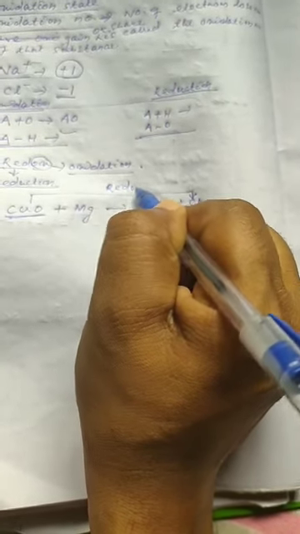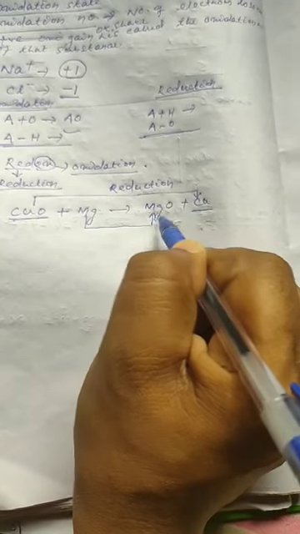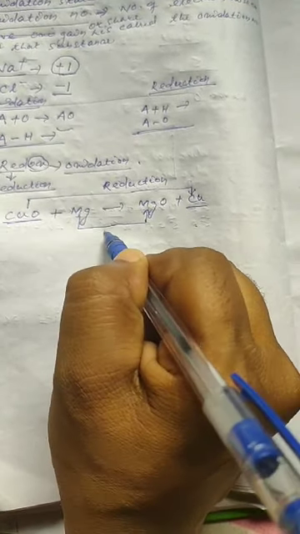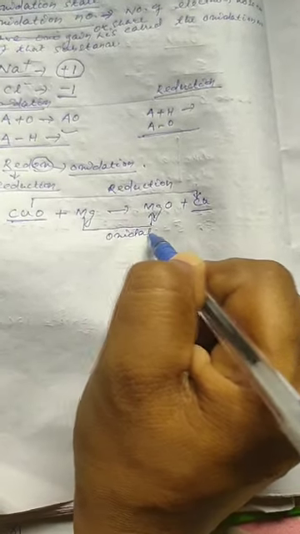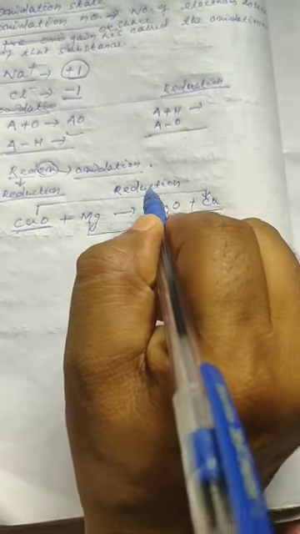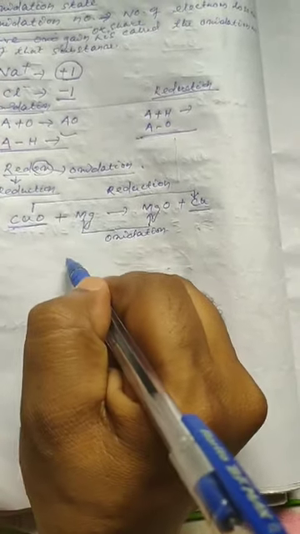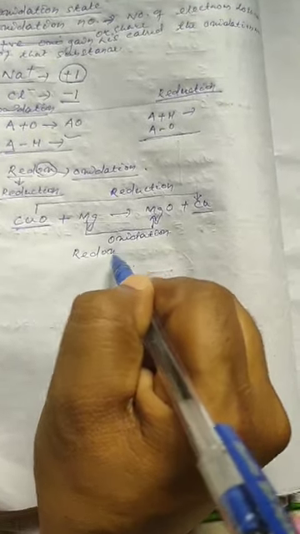Oxygen is removed means reduction. Similarly, in magnesium, oxygen is added to form magnesium oxide. Oxygen is added, so here oxidation. So both reduction and oxidation take place simultaneously. So this is an example of a redox reaction.